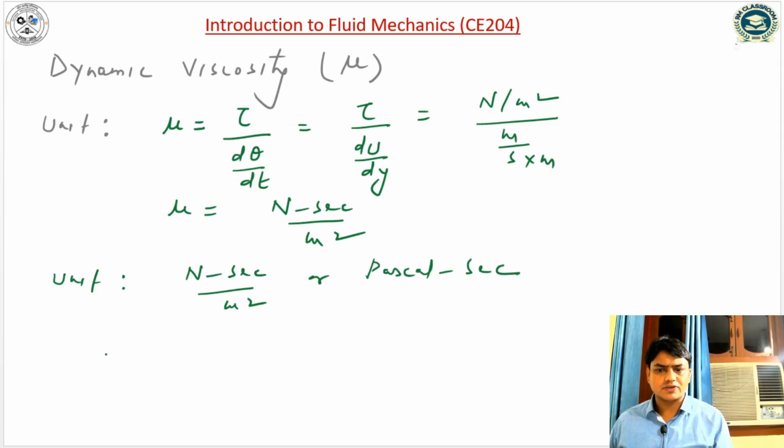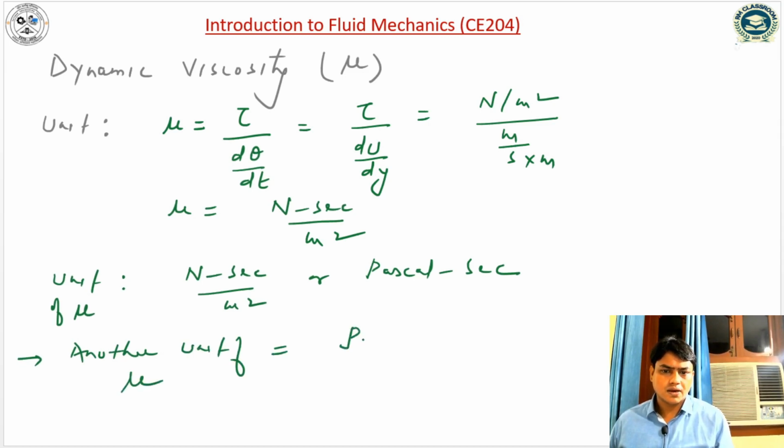Another unit of dynamic viscosity mu is poise. 1 poise is equal to 0.1 Newton second per meter square.